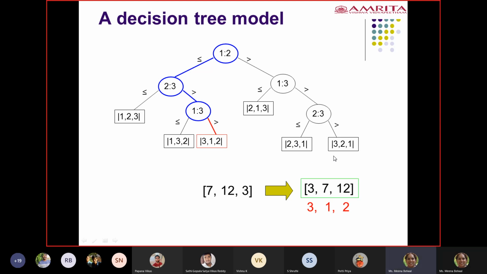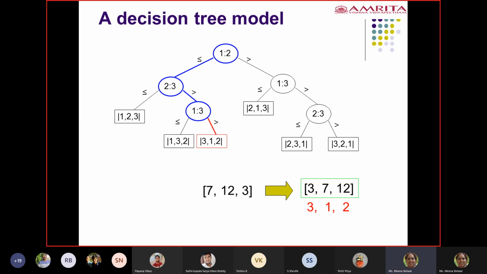So can you tell me in terms of a formula? For a complete binary tree, the number of leaves is 2 to the power of h, where h is the height. Now, can I put it in terms of a formula for a decision tree? How many leaves will be there in a decision tree?